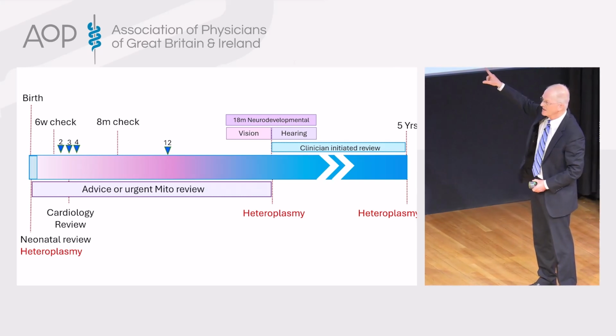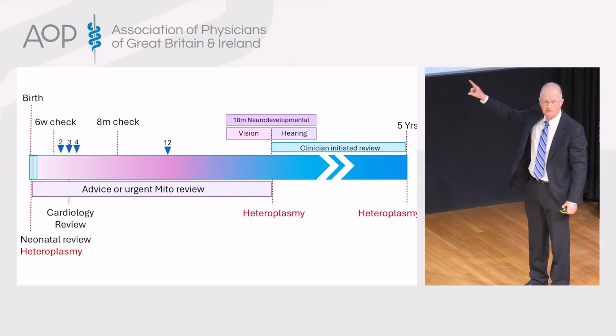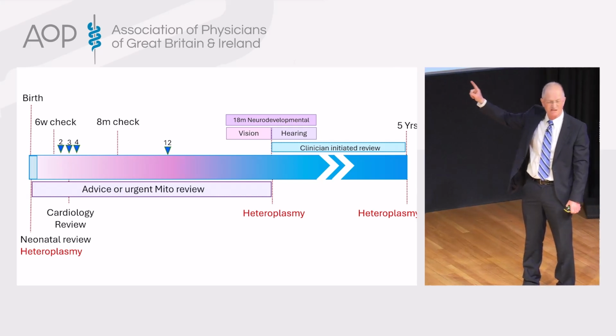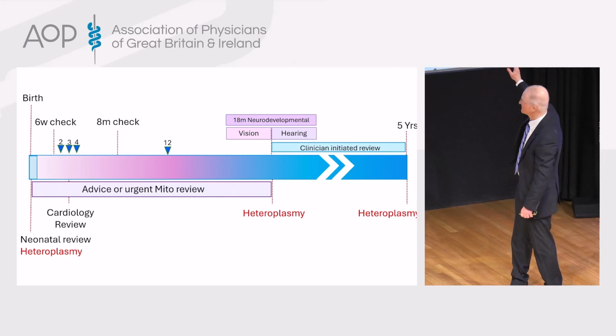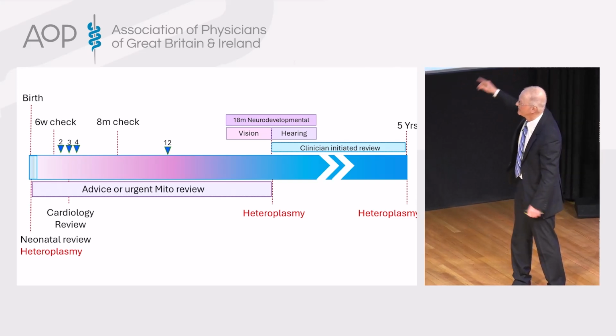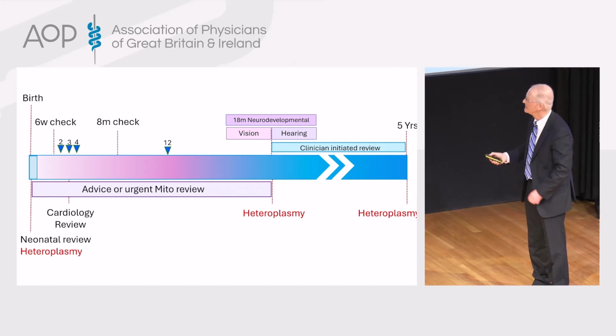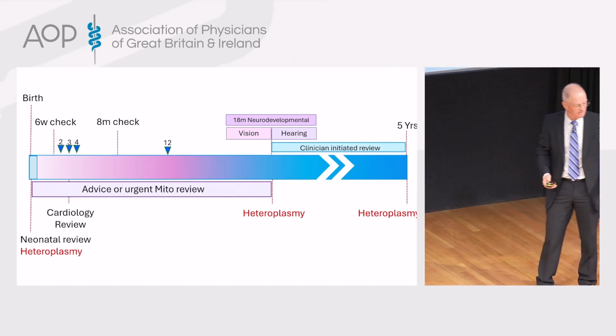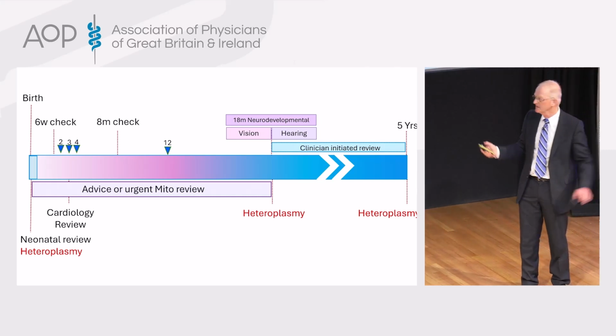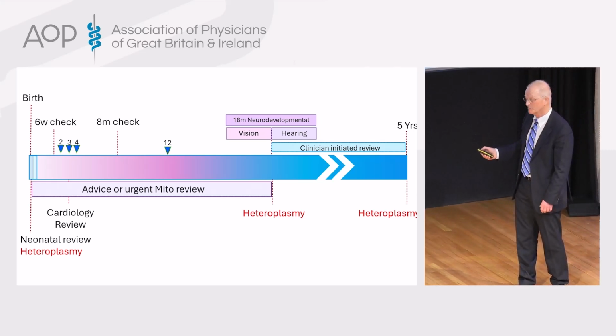At 18 months, they have a neurodevelopmental review, which is perfectly sensible because that's the time when most kids are walking and there are really good standards for that, and they're going to get something at 5 years. My colleague Bobby McFarlane, who's a pediatric neurologist, is on speed dial for any medical problem.